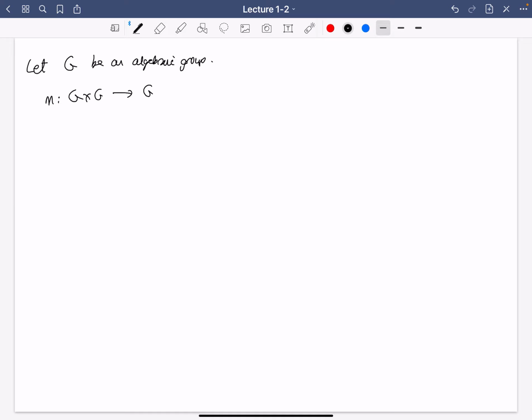You've got this inversion map from G to G. And I haven't mentioned it, but there's also this inclusion of the identity into the group. Thinking about the group axioms, one of the axioms is there exists an identity element. So corresponding to that, there's this morphism of varieties, the inclusion of this point that's the identity.